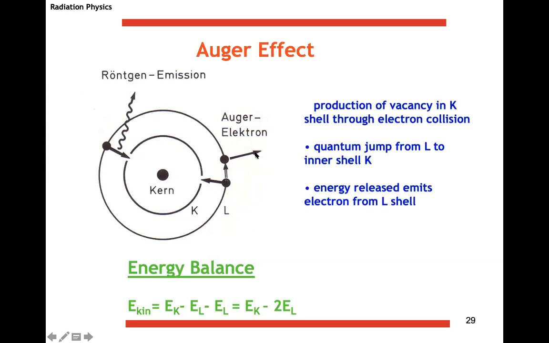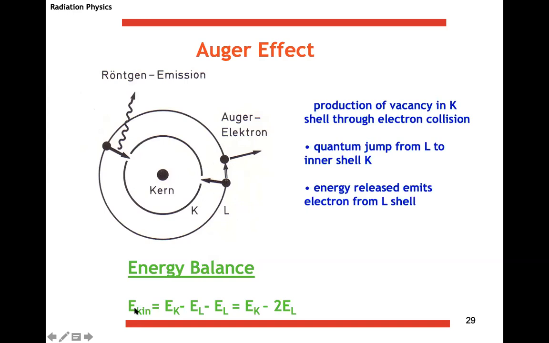So when you have low energy photons and low energy electrons also, this effect can be important. You produce new low energy electrons. Of course, this is low energy, you see, because they only correspond to the difference in energy here. You see that this is the energy balance.